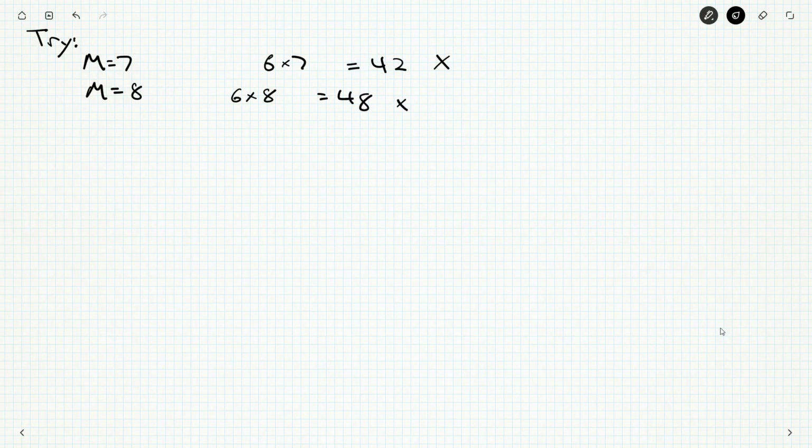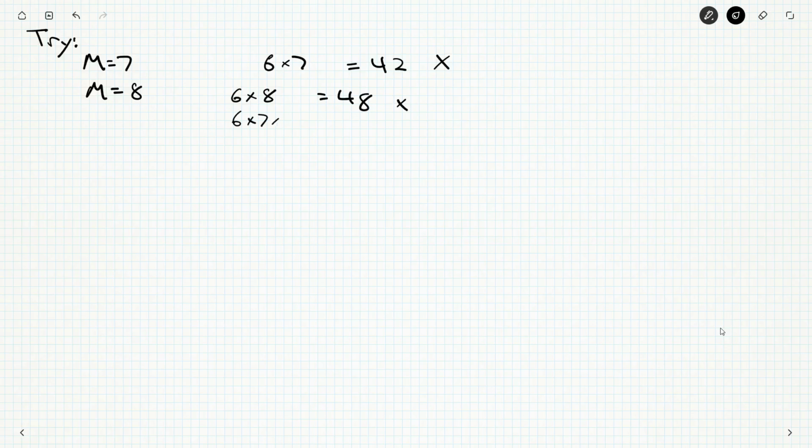So we'll try the other numbers. Try m being 7. What products could I have? Well, 6 times 7 is really the only one, 42, and that's not a square. How about 8? You could have 6 times 8, 48, and that's not a square.